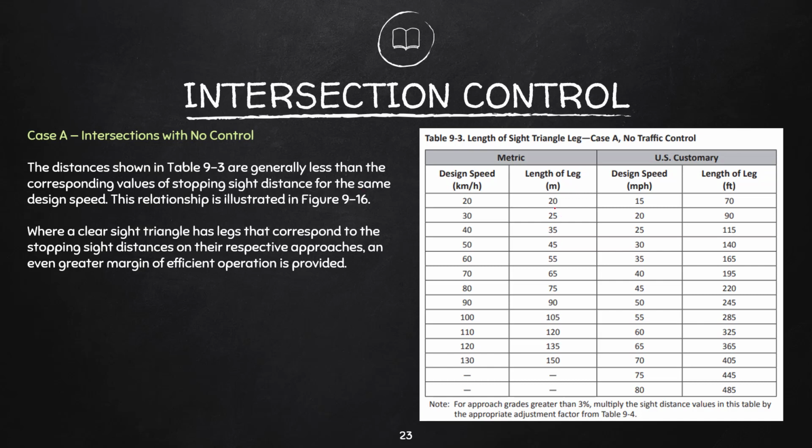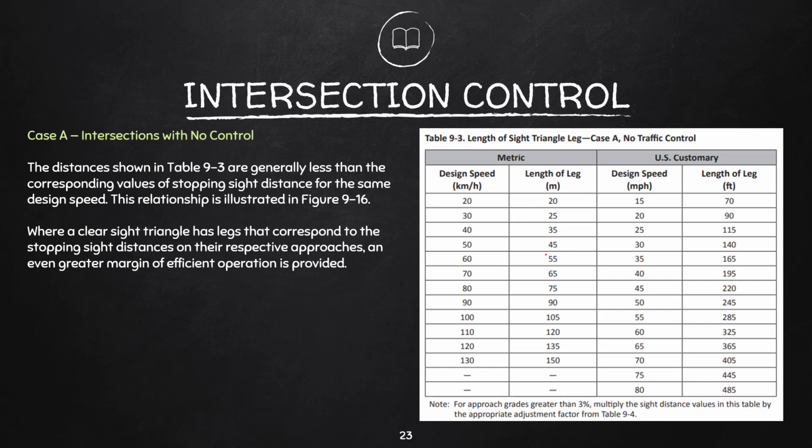So there is more factor of safety in that case if they are near the stopping sight distance, because these table values are lower.